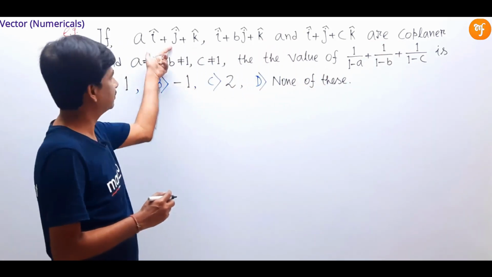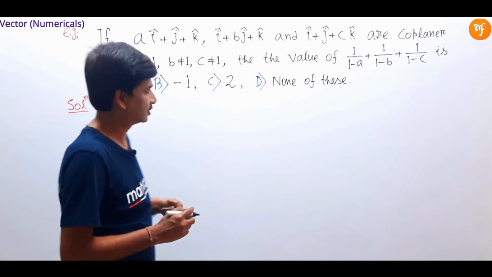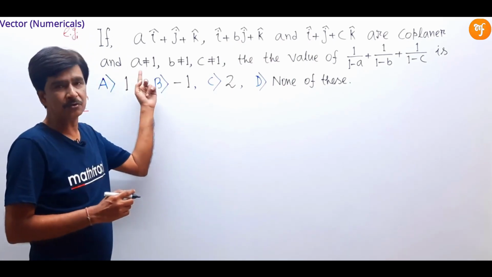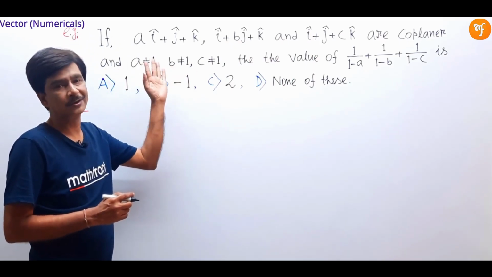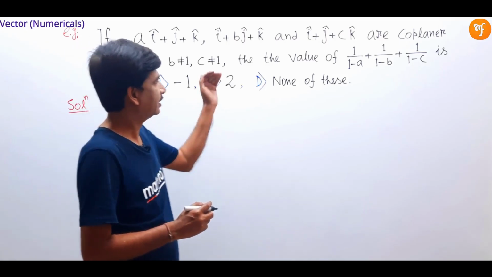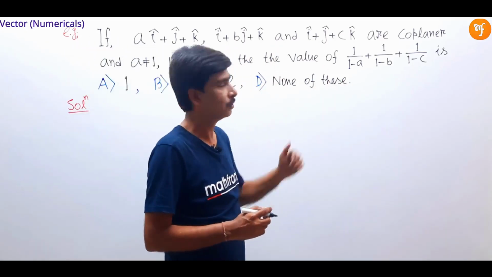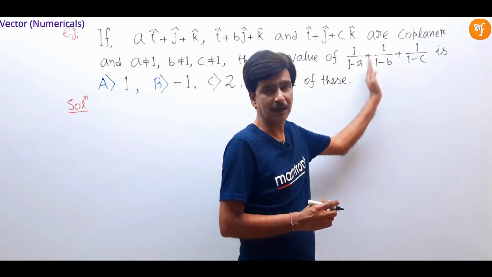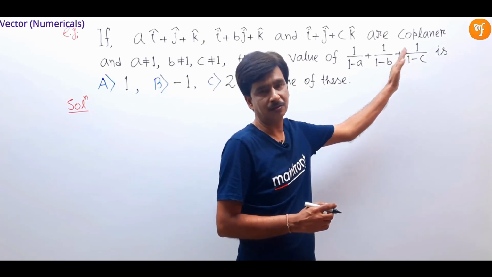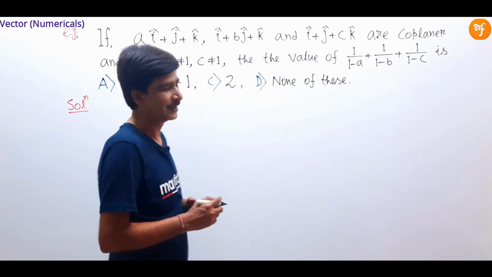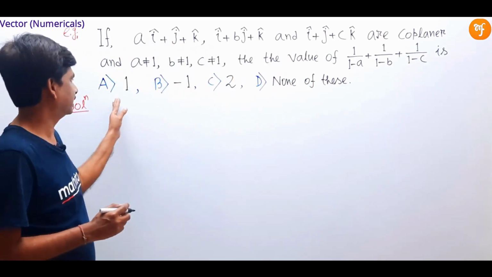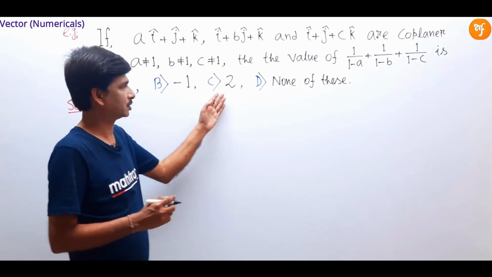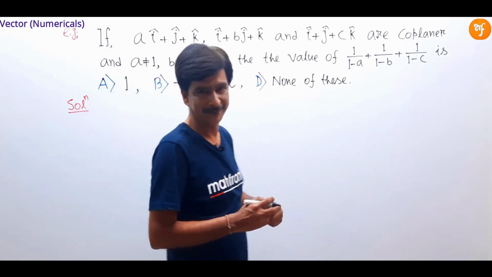So these three given vectors are coplanar vectors and the values of a, b, c are not 1. Then we have to find the value of 1 by 1 minus a plus 1 by 1 minus b plus 1 by 1 minus c. Okay. And options are given on the board. Option A 1, option B minus 1, option C 2 and option D none of these.